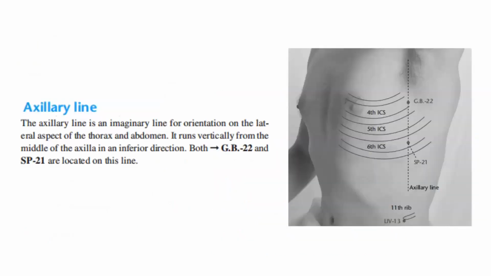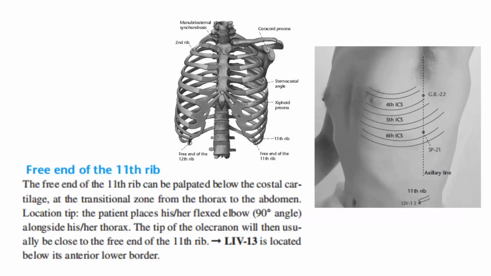The axillary line is an imaginary line for orientation on the lateral aspect of the thorax and abdomen. It runs vertically from the middle of the axilla in an inferior direction. Both Gallbladder 22 and Spleen 21 are located on this line. The free end of the 11th rib can be palpated below the costal cartilage at the transitional zone from the thorax to the abdomen.